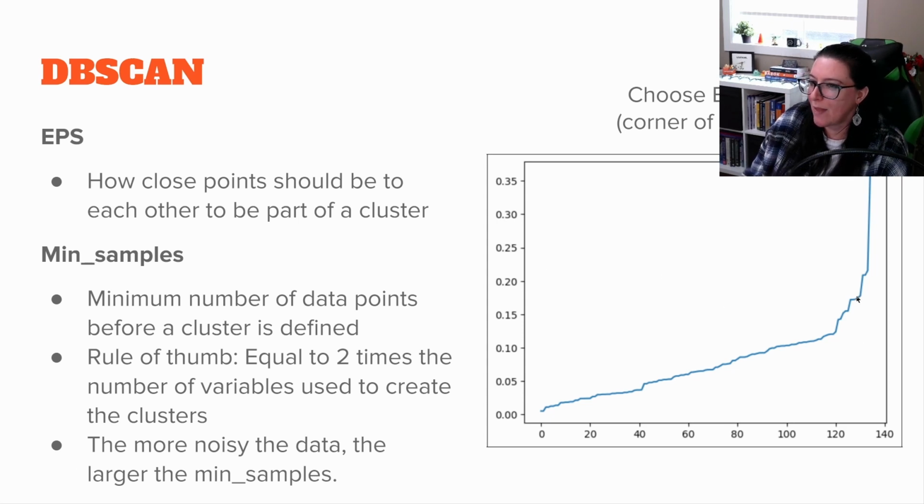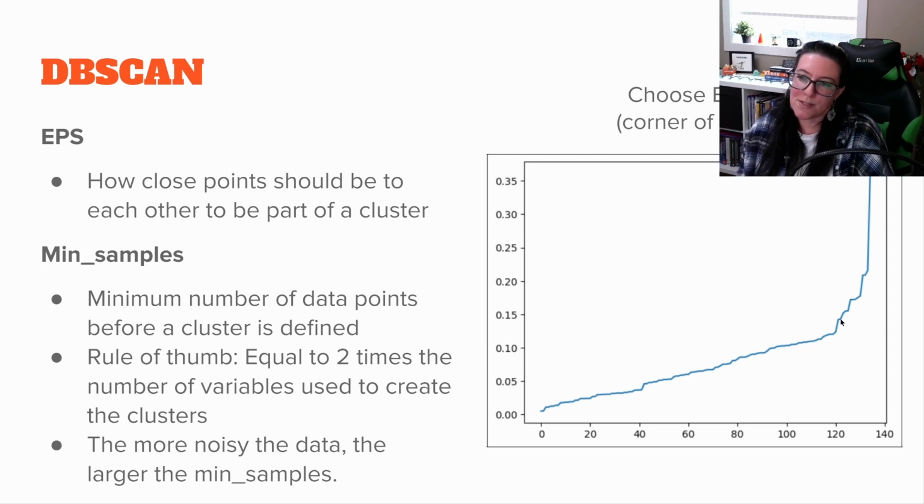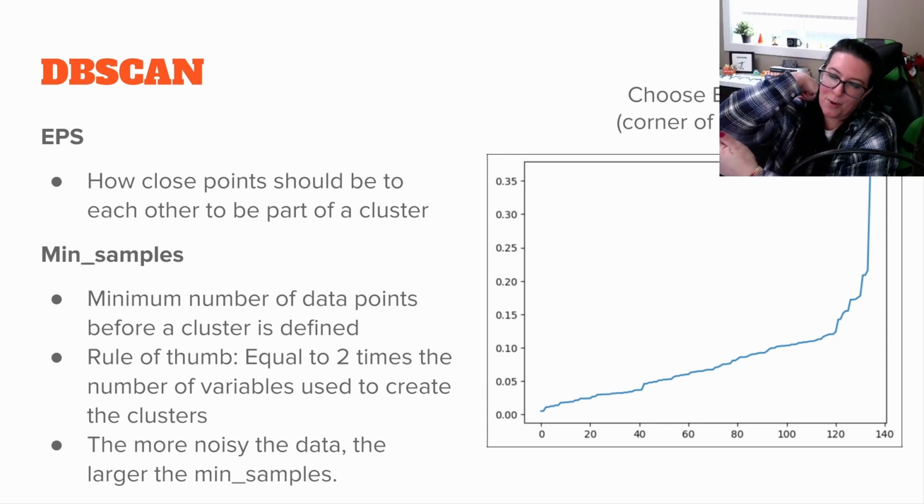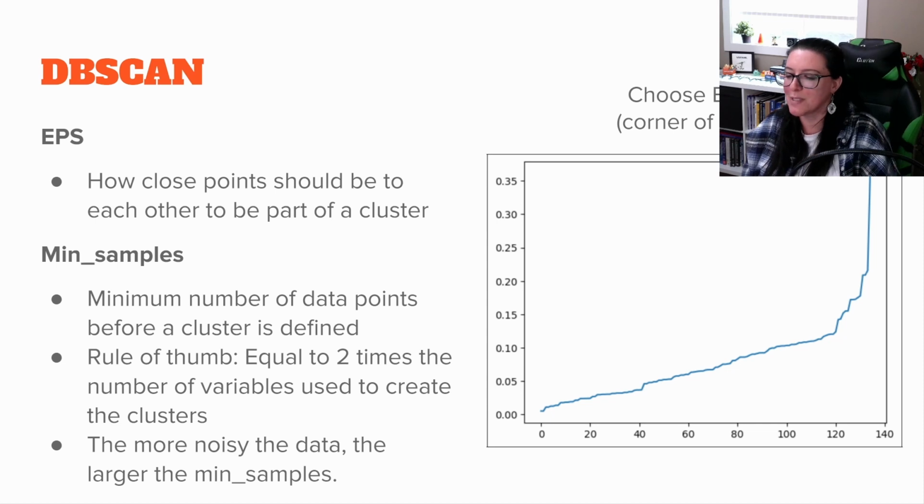In this case, rather than looking at the end of the elbow, we're actually looking for the corner. So as we go across, our EPS should probably be somewhere around 0.15. It would be appropriate. So we're looking for the edge of the elbow, as opposed to the elbow method, which was looking for the end of it.